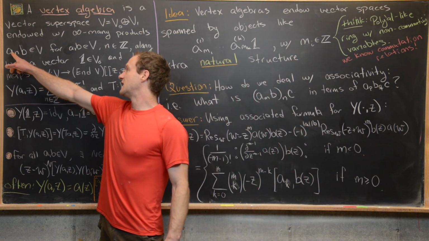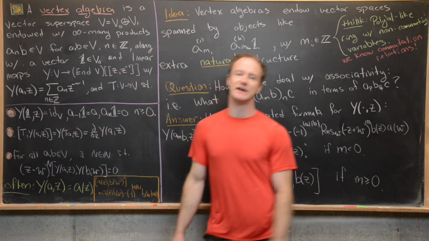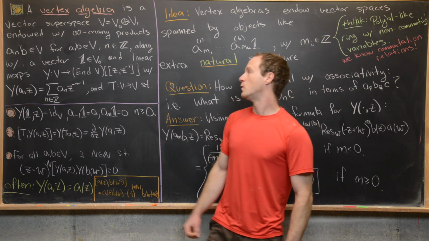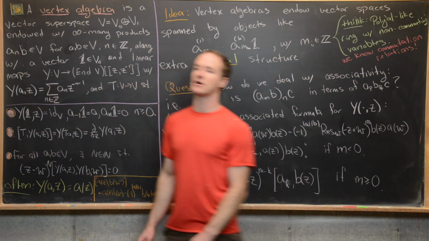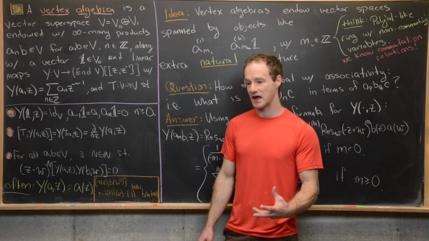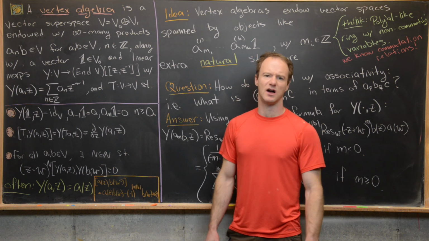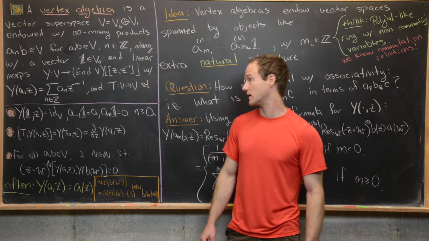So instead of thinking of the nth product between A and B, we think of the nth linear map attached to A acting on B. This is essentially the same thing.